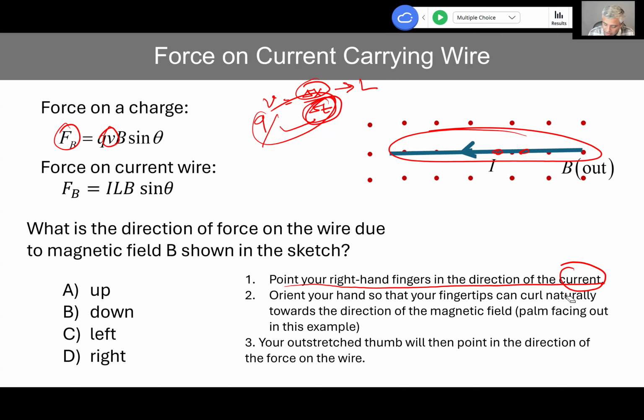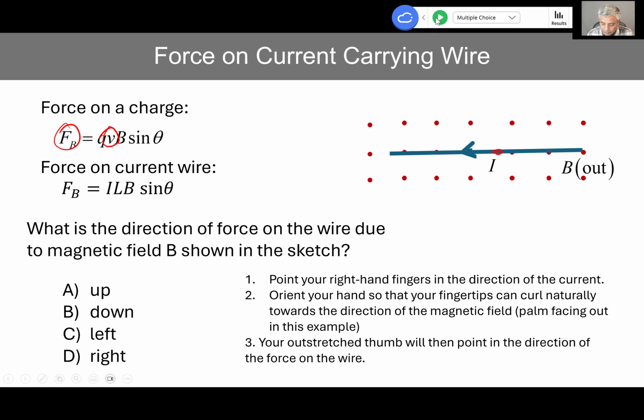Now it's your turn. I'm going to turn on the polling. You have a minute. See, your finger should be going either left or right. That's how the screen is, right?